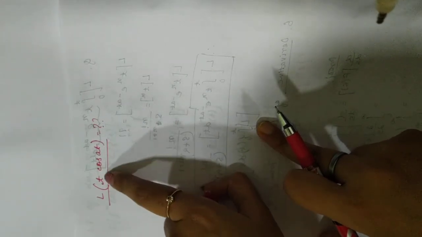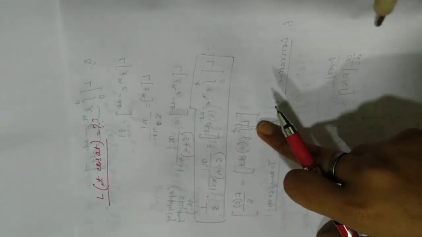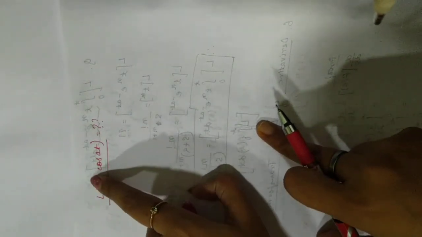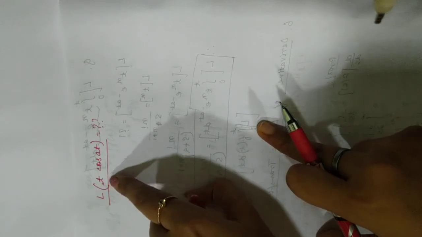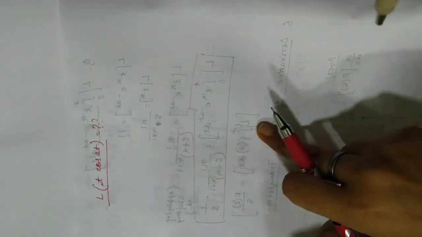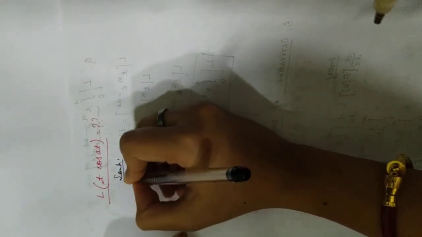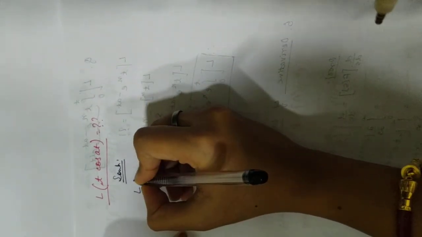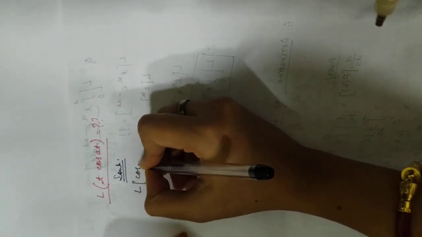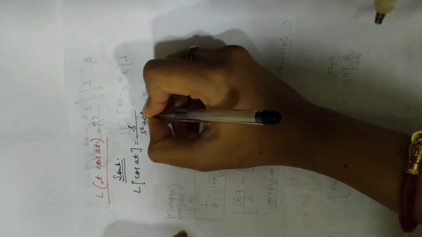Now what we see is that it is multiplied by a factor t. Just now we have derived what happens when a function is multiplied by t to the power n. Over here n is equal to 1. So all we need to do is just apply the previous theorem, right? So the solution is: the Laplace transform of cos at is equal to s divided by s square plus a square, right?